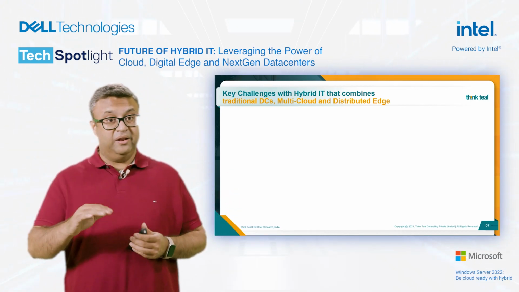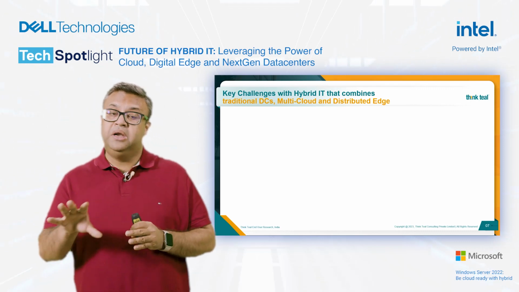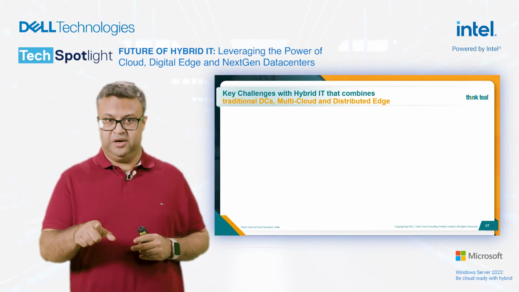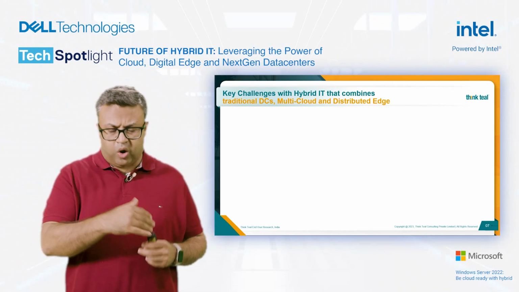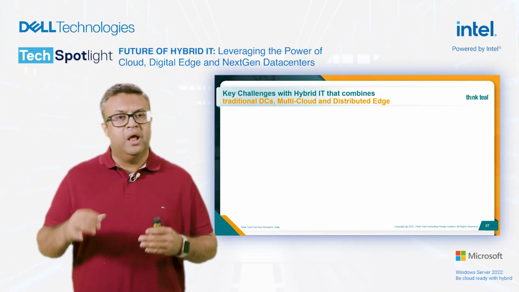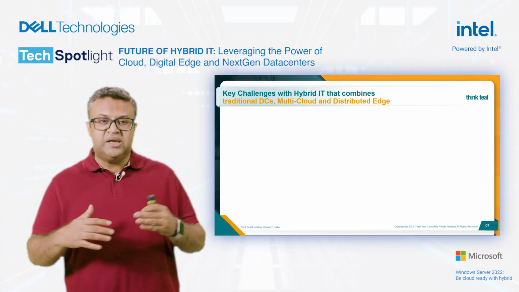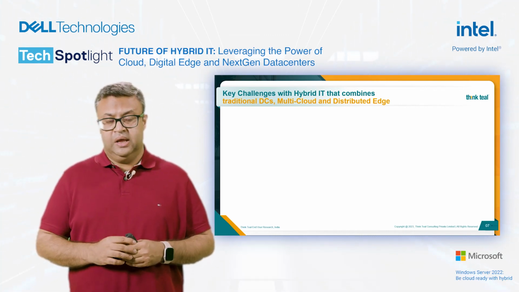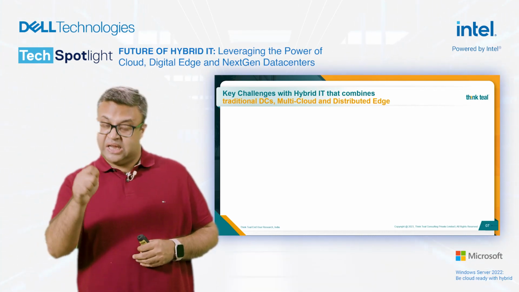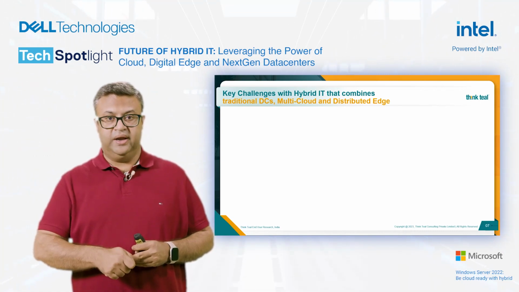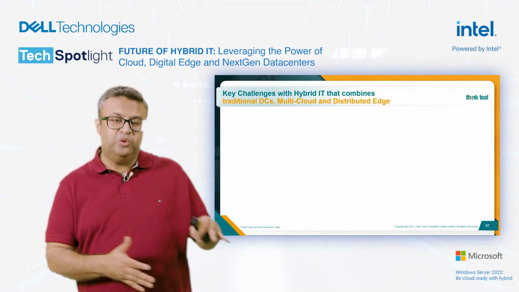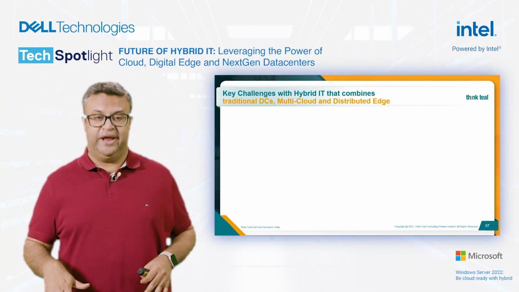There were times when managing multi-cloud in itself was a challenge, so you needed a console, or what we used to call, back in our days, a cloud management platform to see what is happening across our cloud environments. So managing multi-cloud is a challenge in itself, right? And to add to that complexity, you have the distributed edge, right?